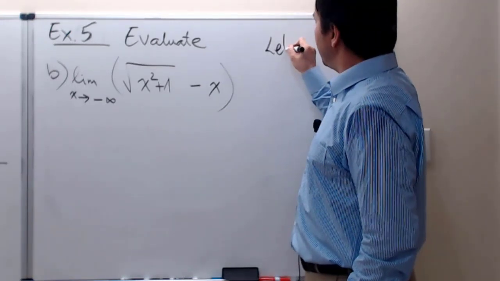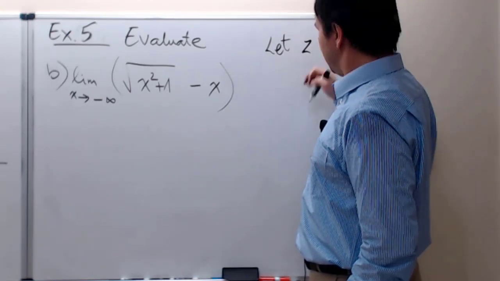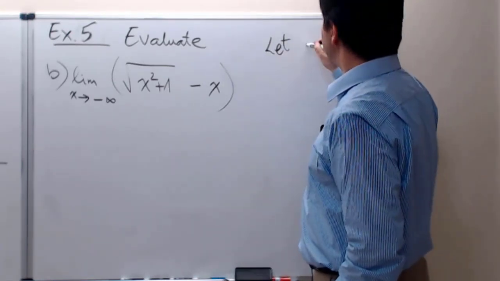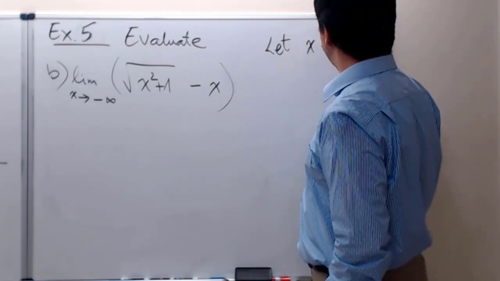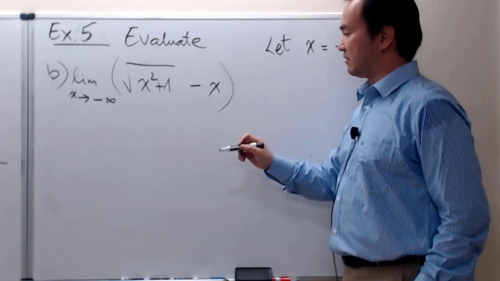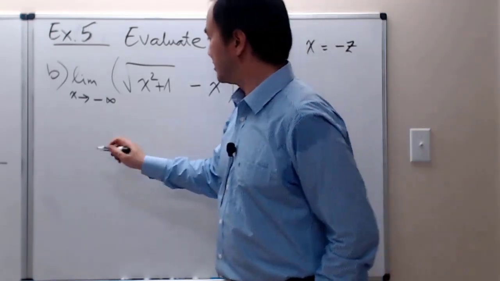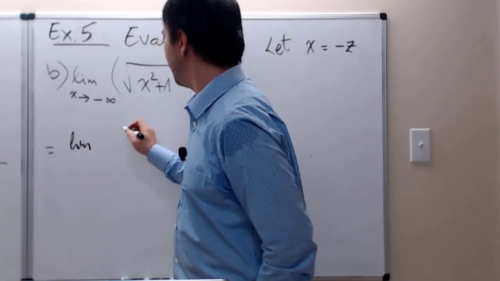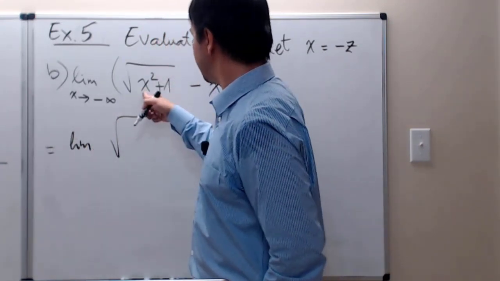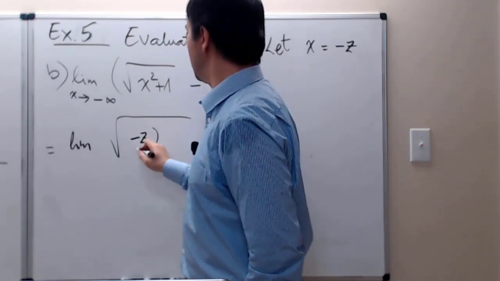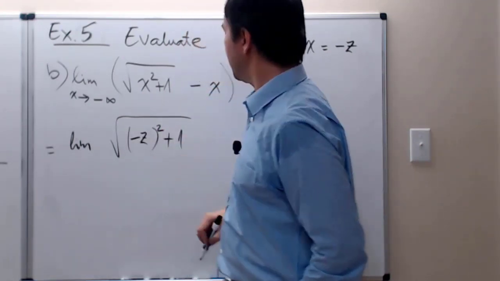All right, so remind yourself, I am going to let x be substituted by negative z. Now this problem turns into a limit problem. The square root here, x is substituted by minus z, so minus z all squared plus 1.